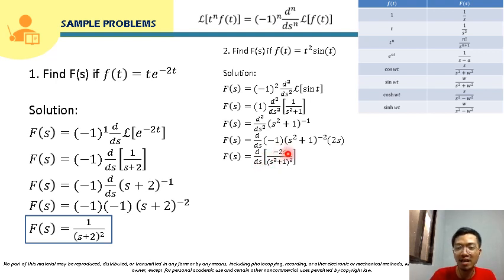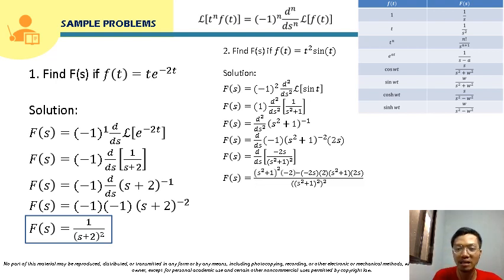Okay, so we have to derive negative 2s over s squared plus 1 squared. So for this, we have no choice but to use the quotient rule. Recalling that, the derivative of u over v is just v du minus u dv over v squared, if you can recall that.